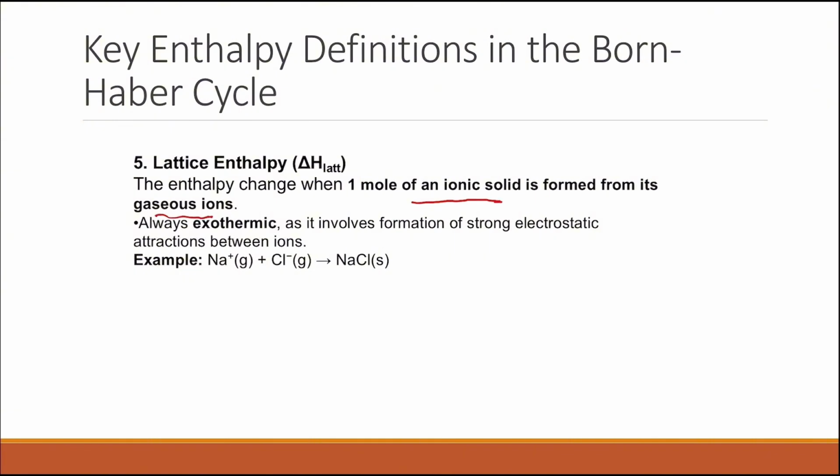This is different from enthalpy of formation, because formation is where we form the compound from its elements in their standard form. Here we are forming the ionic compound from its gaseous ions. It's going to be exothermic because it involves the formation of a strong electrostatic attraction between the ions.